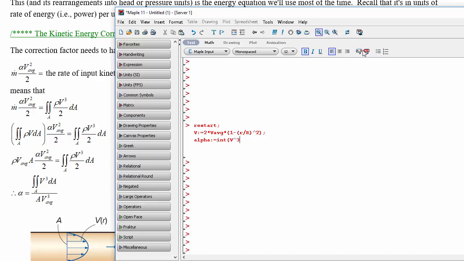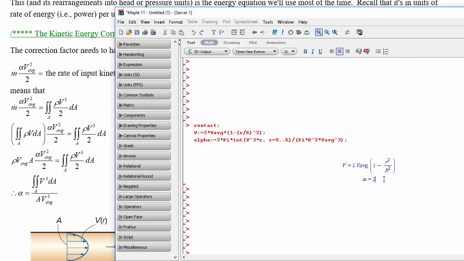Now we are doing an area integral, so we can take out the dependence on theta, the angle around the pipe, and then multiply by r, from little r equal to 0 to big R. Then we'll divide that by the area, which is pi times big R squared, multiplied by the average velocity cubed. And we get alpha is exactly 2.